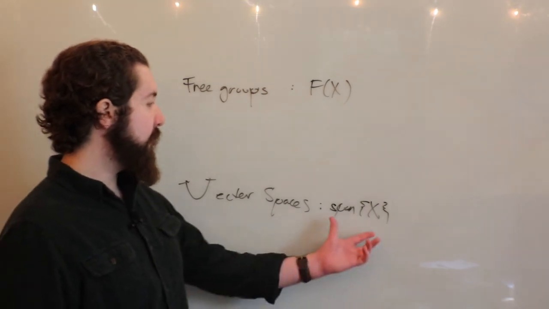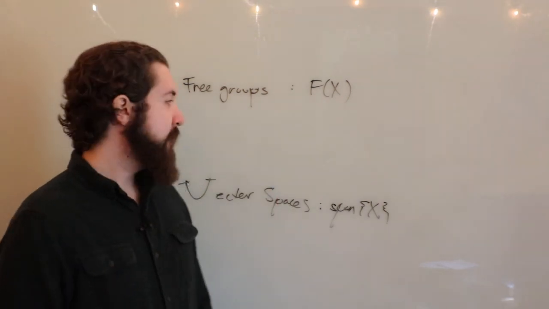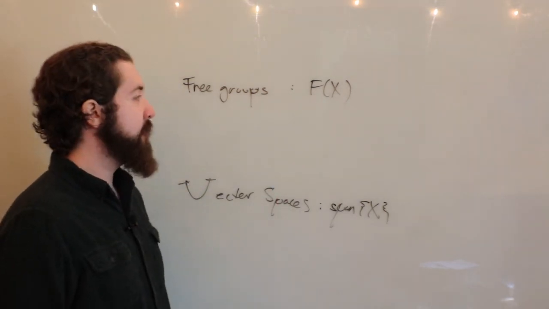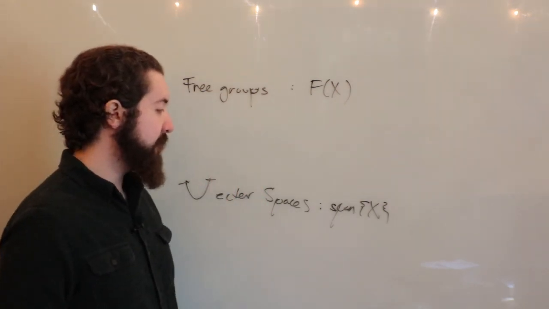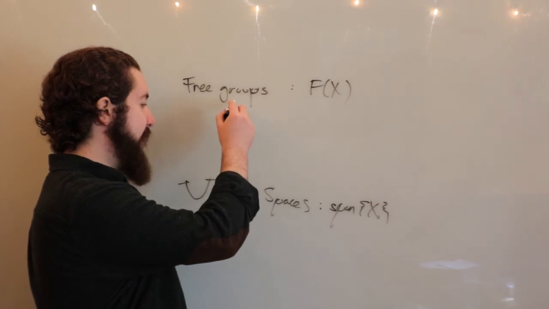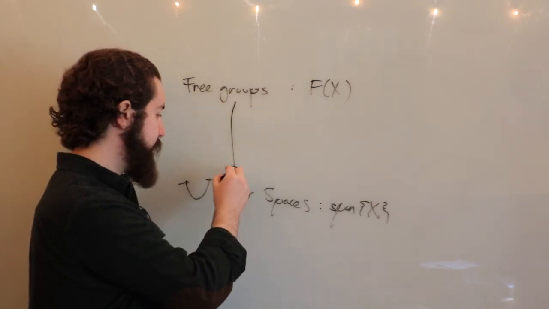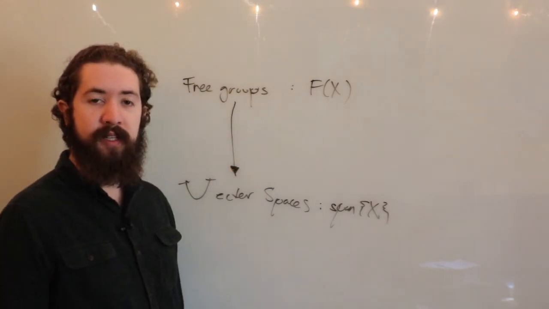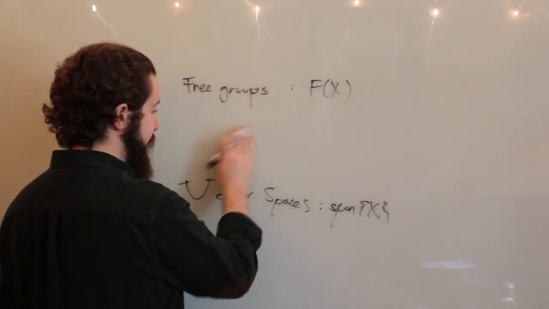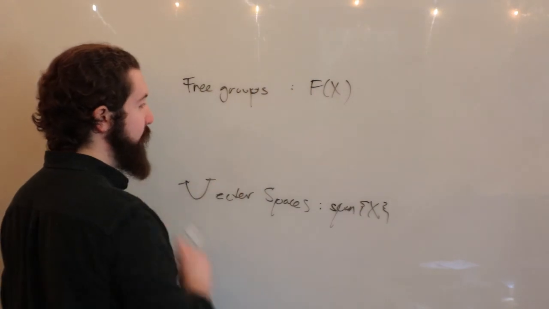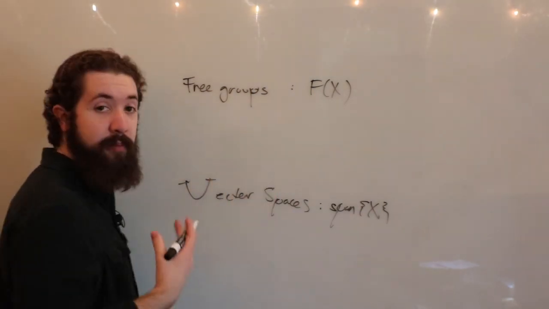And I want to draw your attention to this analogy because with free groups, what we're going to do is add on several layers of structure to them, and there's going to be a path from here to here. It's going to be slow and long, and there are several important things between them, right? We need to talk about free abelian groups.